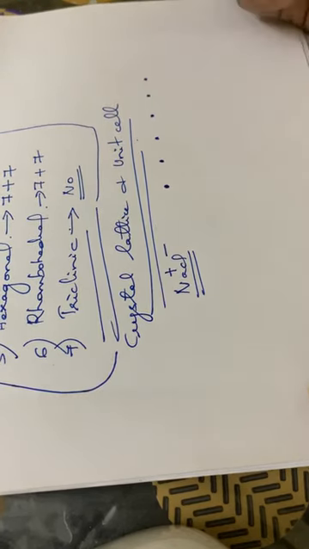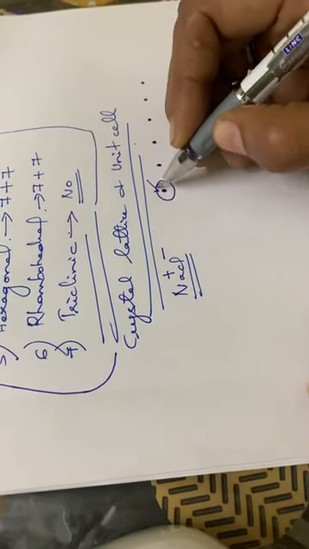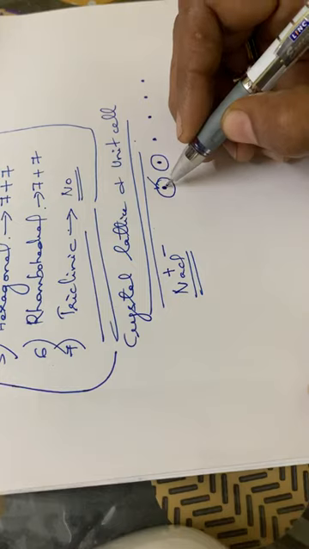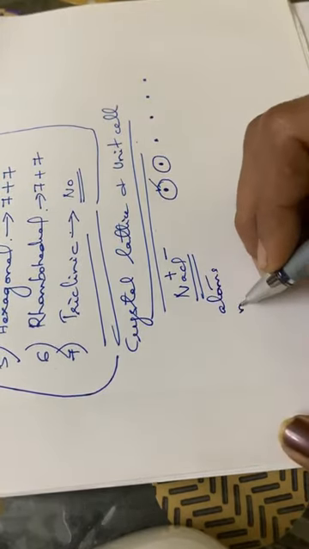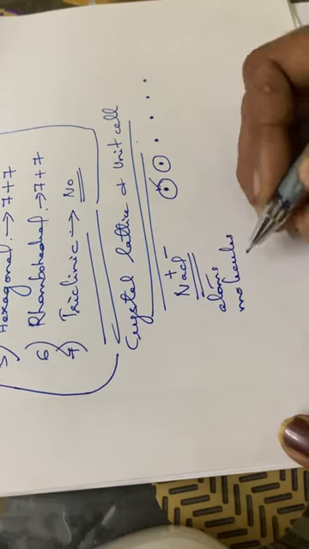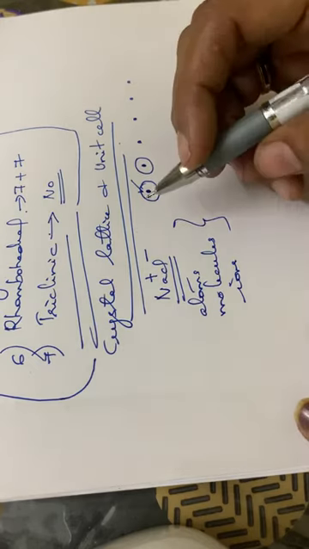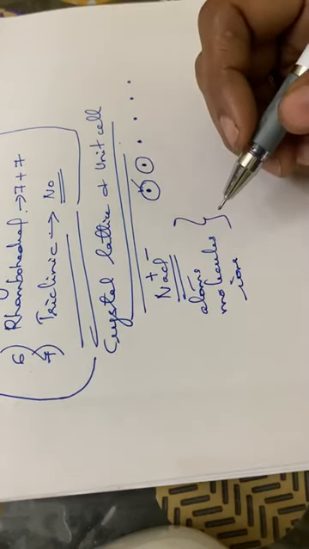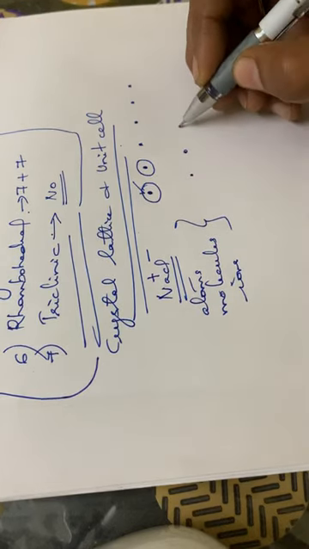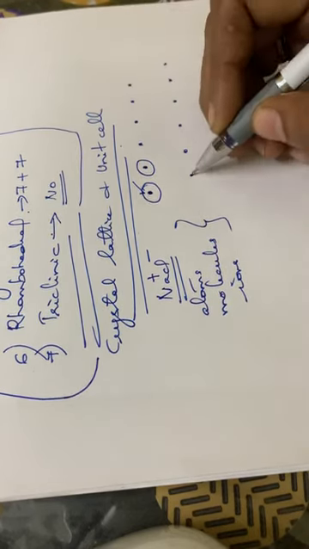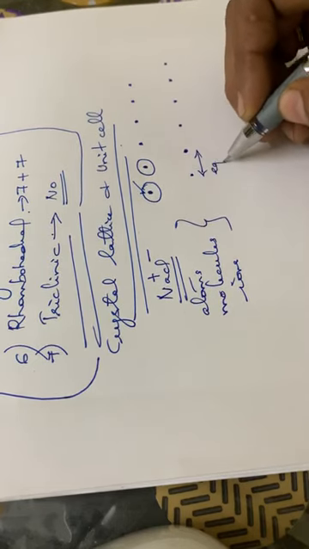So we can say that these constituent particles, these points, may be atoms, or molecules, or ions. And also see, suppose these points are arranged along a straight line, and also these points are at equal distances.